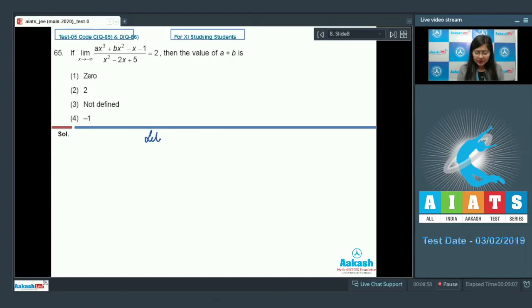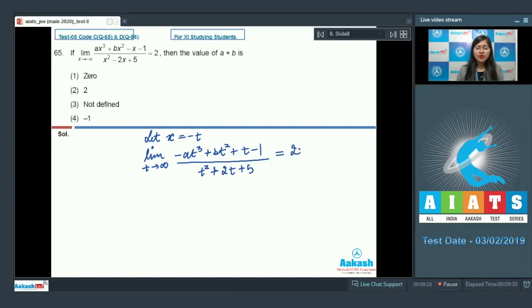So let us substitute x equal to minus t so that the limit can be converted to infinity, right? So this can be written as limit t tending to infinity minus at cube plus bt square plus t minus 1 upon t square plus 2t plus 5 is equal to 2, right? So this is what we have been given.